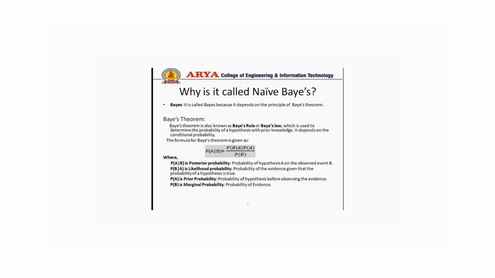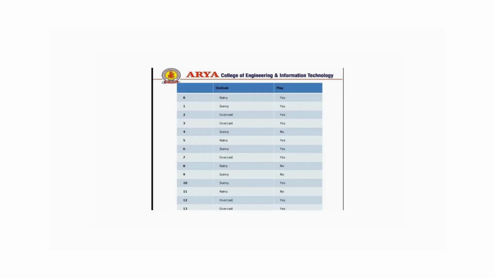We have to calculate the probability of yes in the sunny season. The formula is probability of A given B, that is posterior probability, equals probability of B given A into probability of A divided by probability of B. Here, probability of sunny given yes into probability of yes divided by probability of sunny. We have already calculated the values, we put the values in, and here we get 0.60.